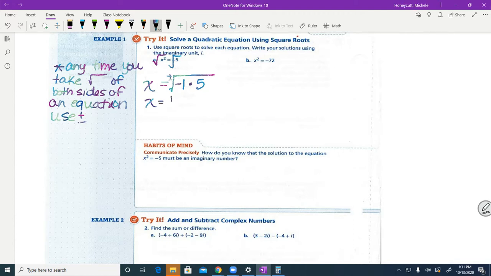So x equals plus or minus square root of negative 1 times the square root of 5. And then we've defined the square root of negative 1 to be i. So x equals plus or minus i square root of 5. And the square root of 5 is irrational. So my final answer is x equals plus or minus i square root of 5.